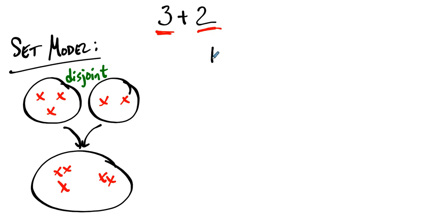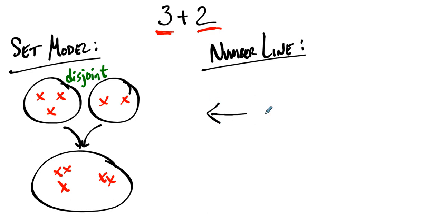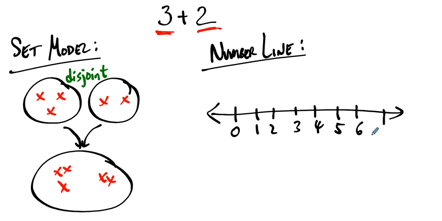The other model that sometimes works with small children, probably a little bit older, is the number line model. Now, a number line, as we all know from our previous work in school, is a line with numbers on it. And so when we say 3 plus 2, we start at the number 3, and then from that number, this is where we start.